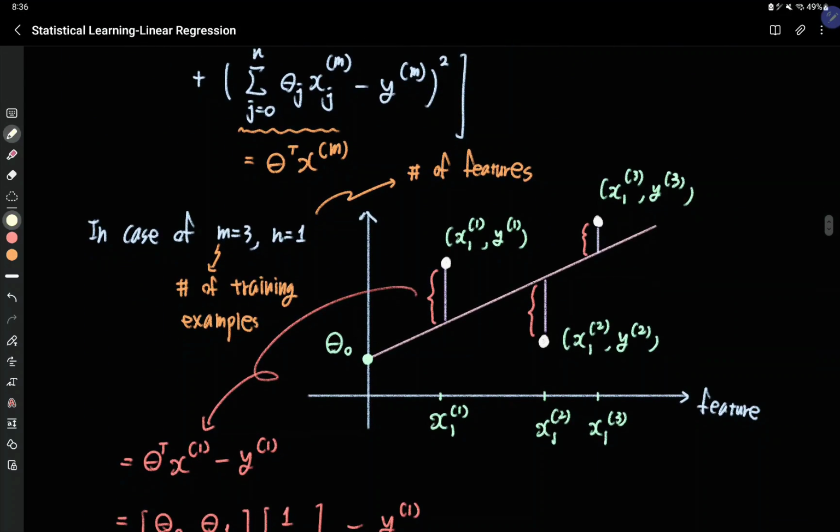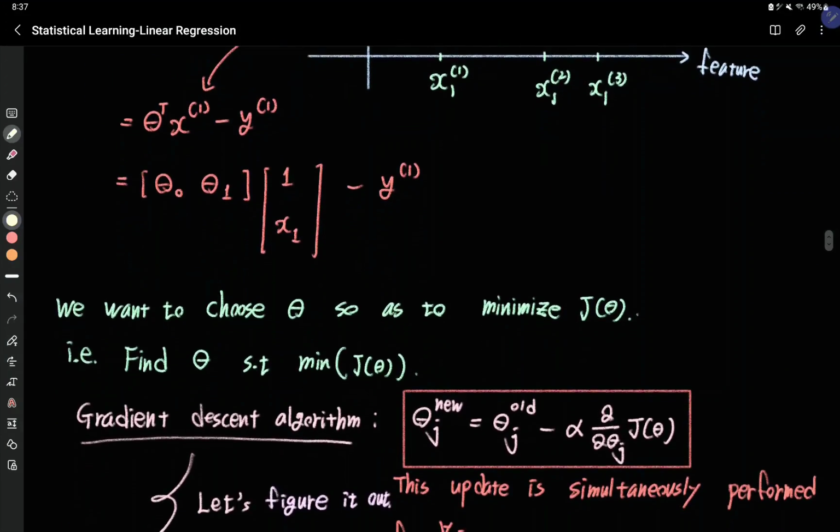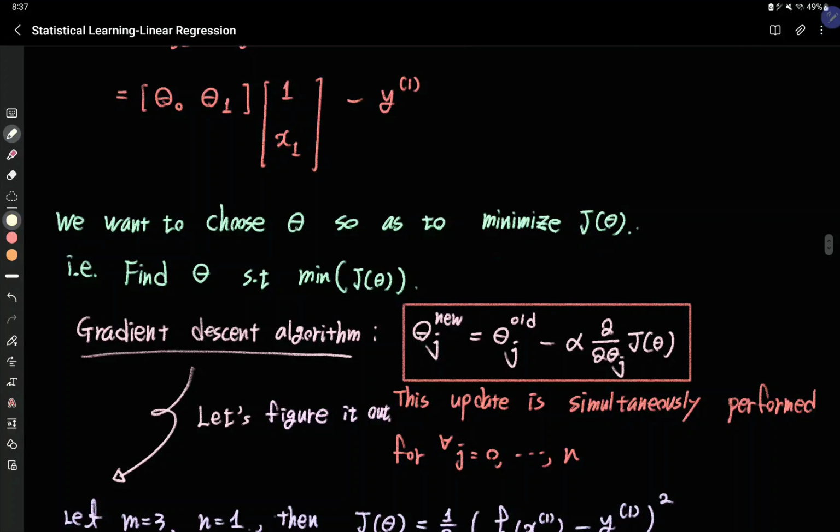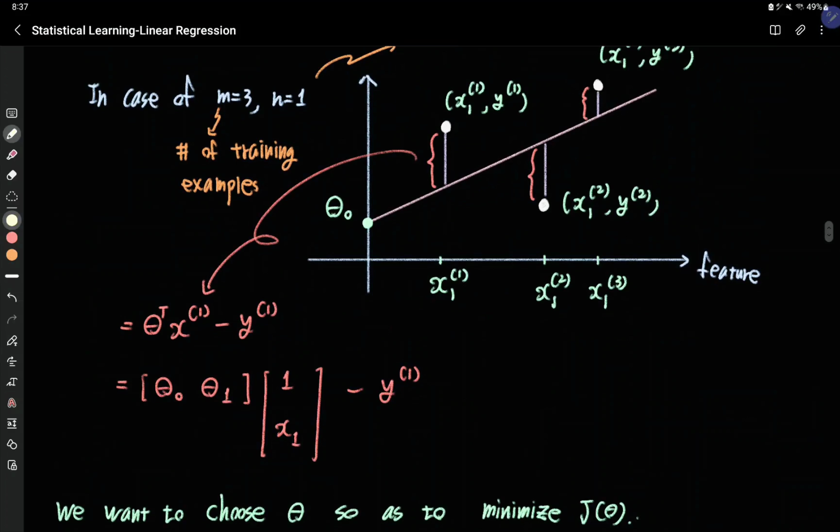We want to determine theta that minimizes the sum of the squares of these distances. So we want to choose theta so as to minimize J of theta. So how can I do that? Now the problem turns out to be a minimization problem.